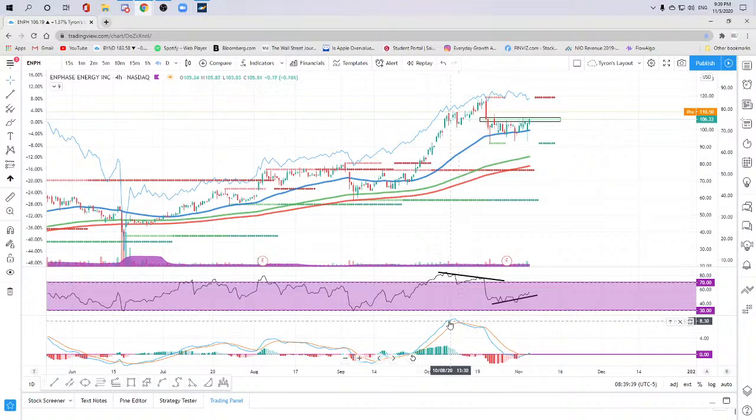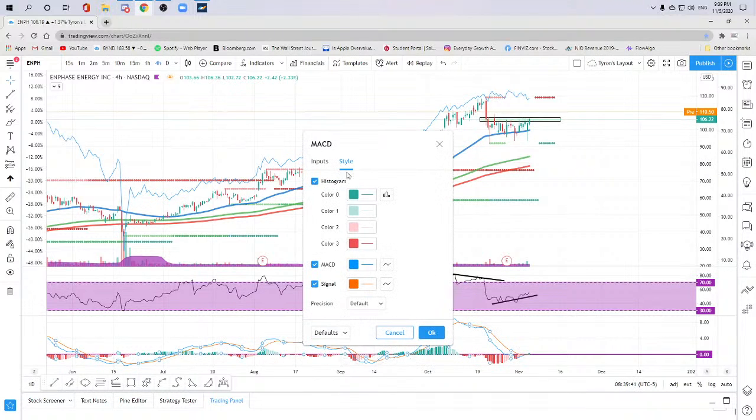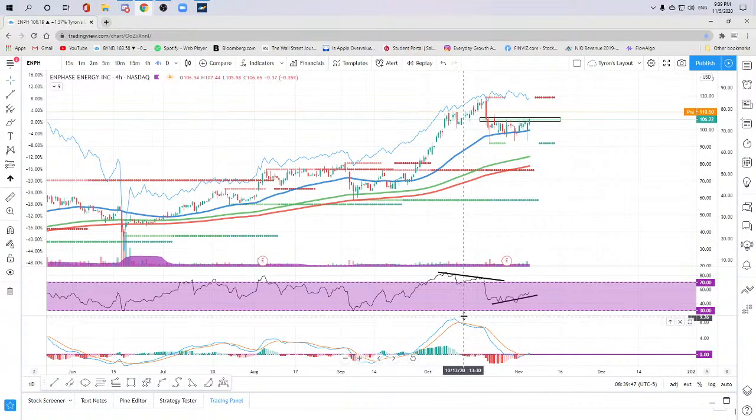Whenever the 9 line, which is the yellow line, or the orange line over here in my case, crosses the blue line from the top and goes down, curving down, the main thing is it has to curve down and cross or touch the blue line, which you can see over here, it starts to do that.